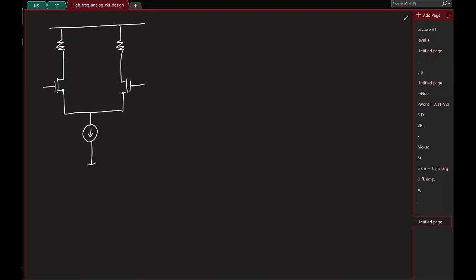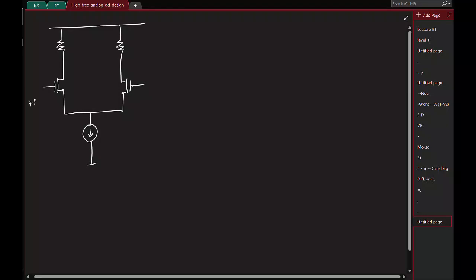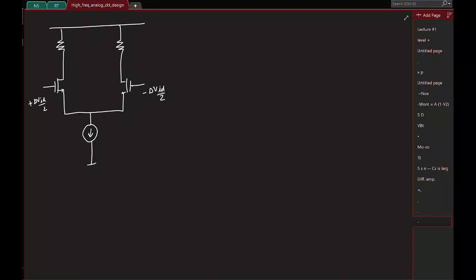So let us say now I consider differential input. So this is delta VID by 2 and minus delta VID by 2, so that the differential input I apply is delta VID, right? If that is the case, what can you say about this source node? It's at 0. We already saw it's the average of the two.